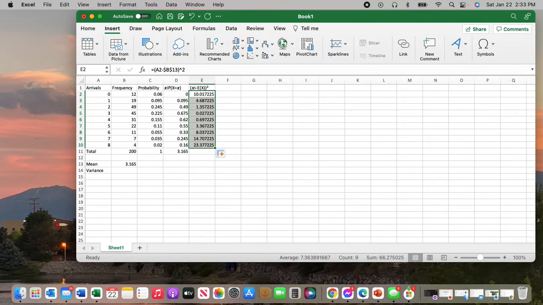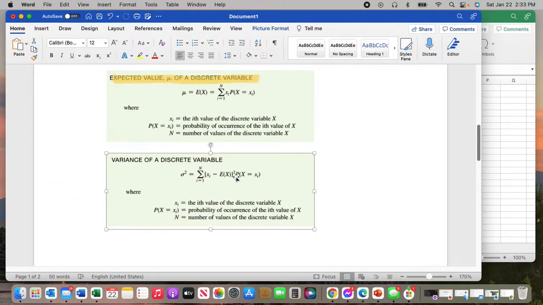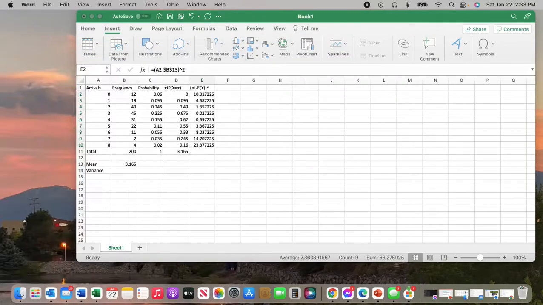Now that I've done that, let's go back to our formula, and now we can do the second part of this. Then we need to multiply by P when x equals xi. So we need to find P of x equals xi, and we close the parentheses.